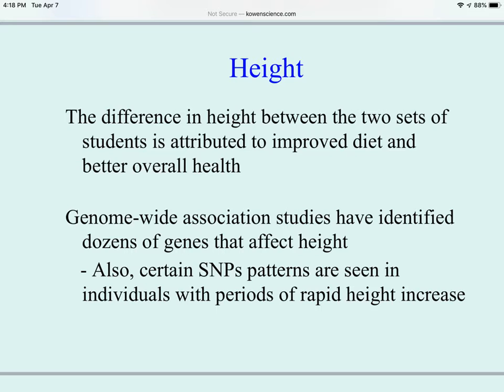If we were to look at how height has changed from, say, 1919 to 2019, one of the things we would see is that men have increased from 162 centimeters to 171. For women, they have increased from 151 centimeters to 159 centimeters. And so people are taller today on average than their ancestors from 100 years ago.